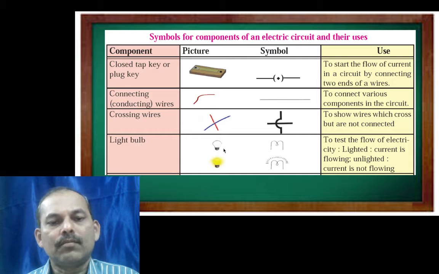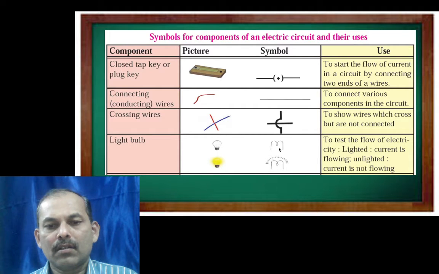Then the light bulb, to test the flow of electricity. Lighted means current is flowing, unlighted means current is not flowing. This is unlighted, this is lighted. In this there is a flow of current, here there is no flow of current.